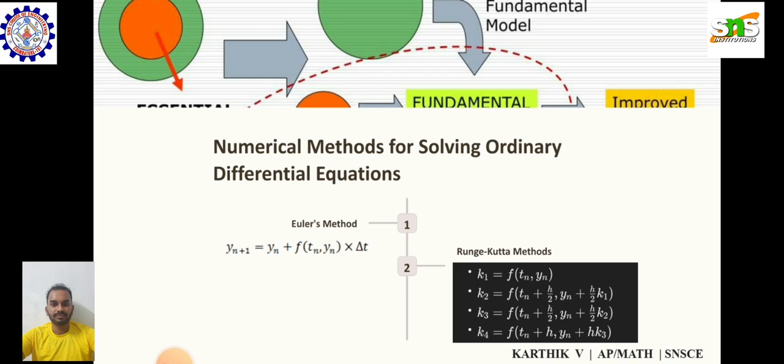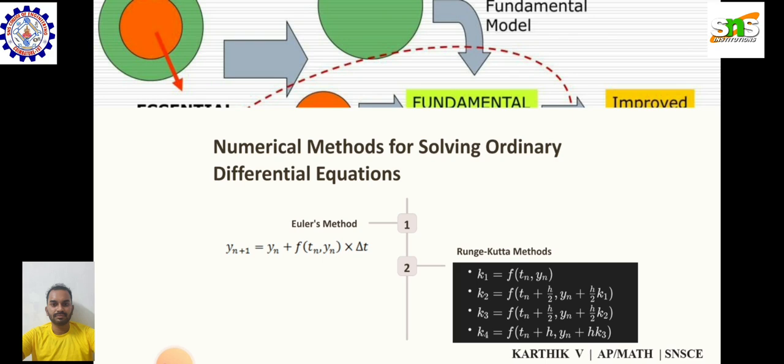Next one, the Runge-Kutta method. The Runge-Kutta method is a numerical technique used for solving ODEs numerically. How does the Runge-Kutta method work? It also starts with an initial condition y(t0) = y0, where t0 is the initial time. Next, we have to choose a step size, that is, del t.